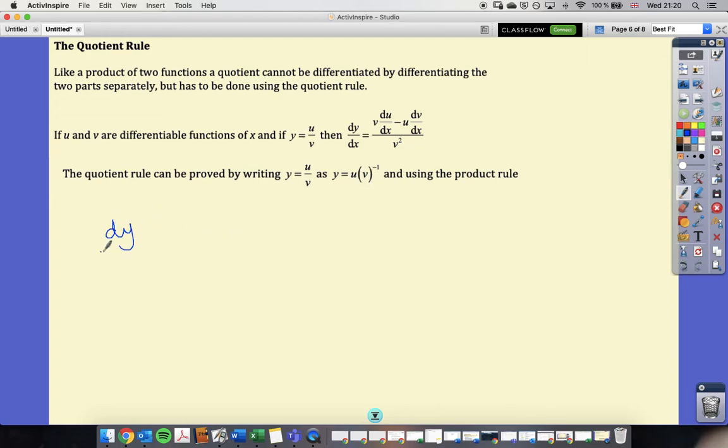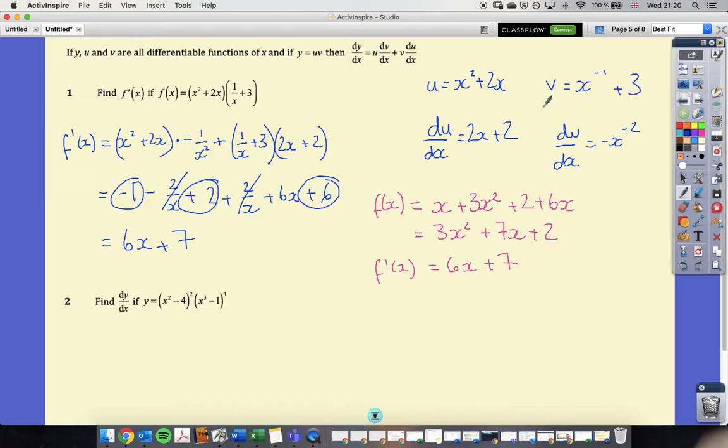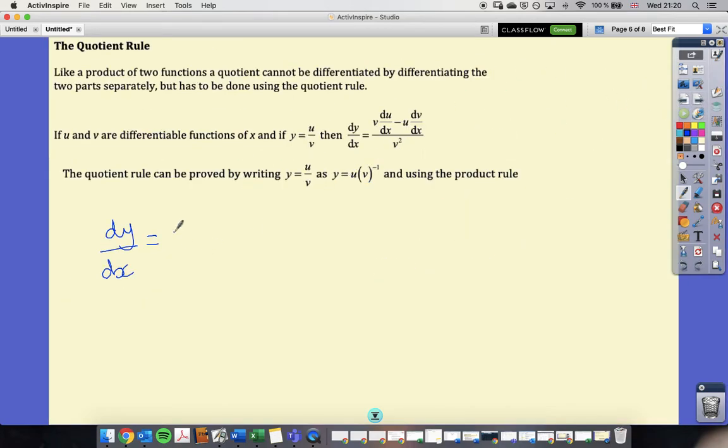dy by dx, we would start off with, let's find our product rule, u dv by dx. Well, u is just u, and then I need to multiply it by the derivative of this. So I'm going to need to use the chain rule.